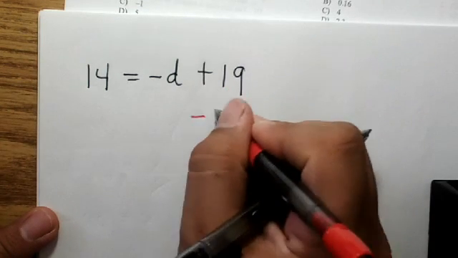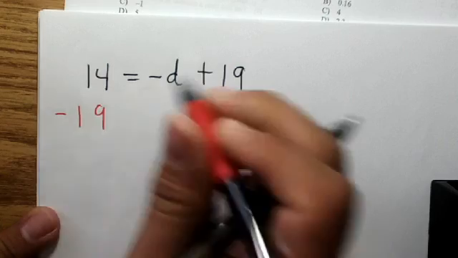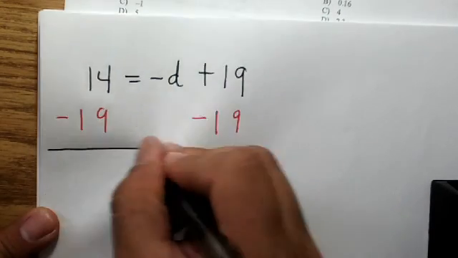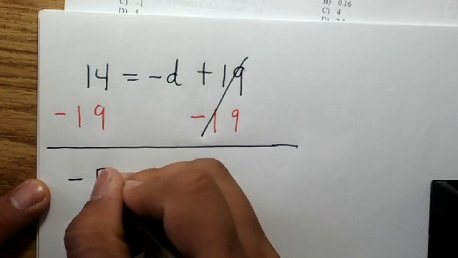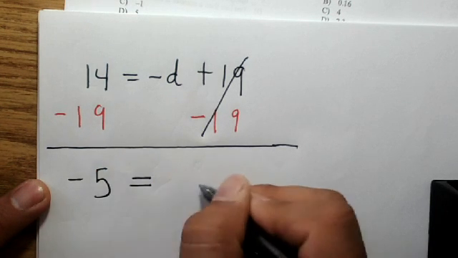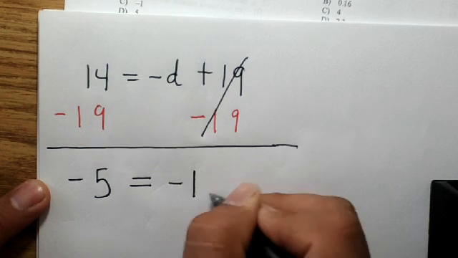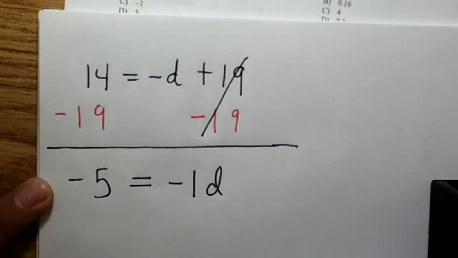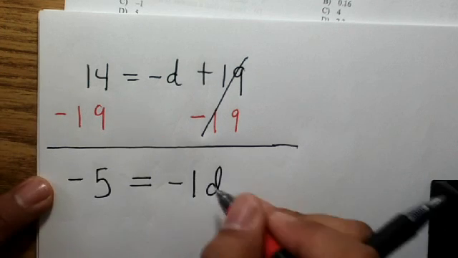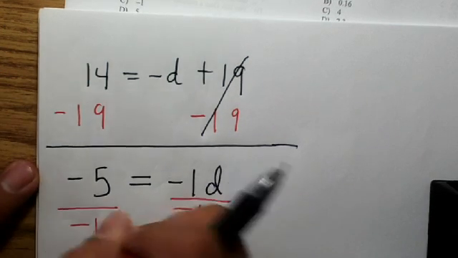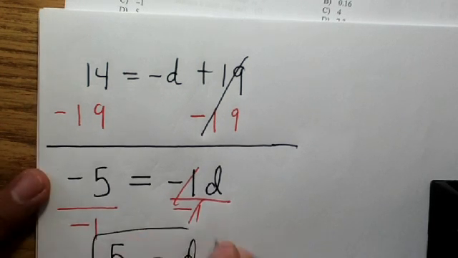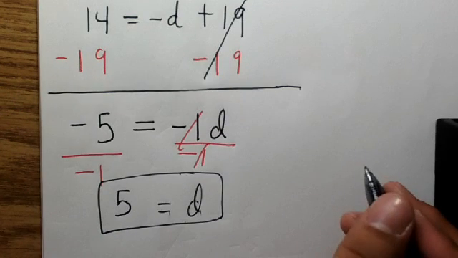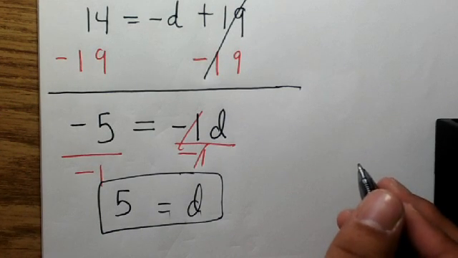We subtract 19, and that would give us negative 5 equals negative 1d. And then what do we do next? Divide by negative 1. Therefore, d equals negative 5 divided by negative 1? Positive 5. Is that clear, guys?